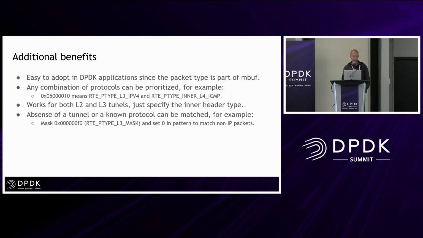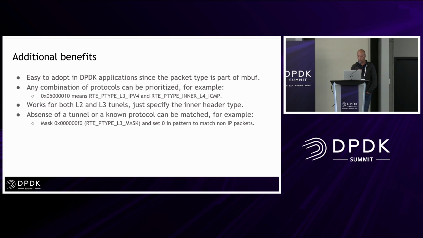For example, you can combine the outer and the inner protocols and prioritize the traffic you want exactly. And it works on both layer 2 and layer 3 tunnels. You just need to specify the inner header type, and the hardware will do the job just fine.